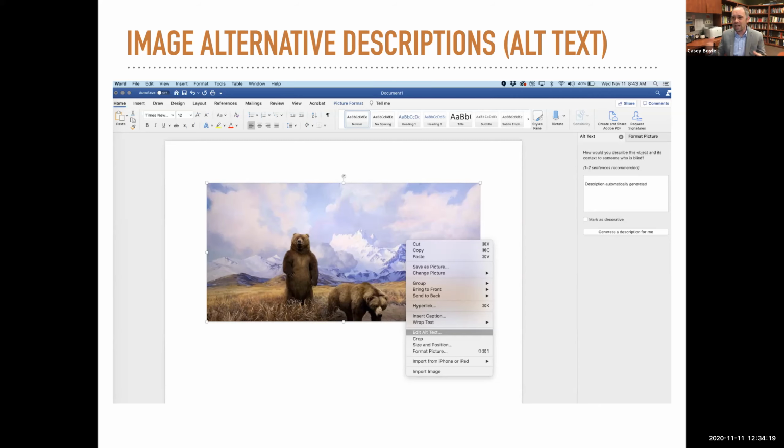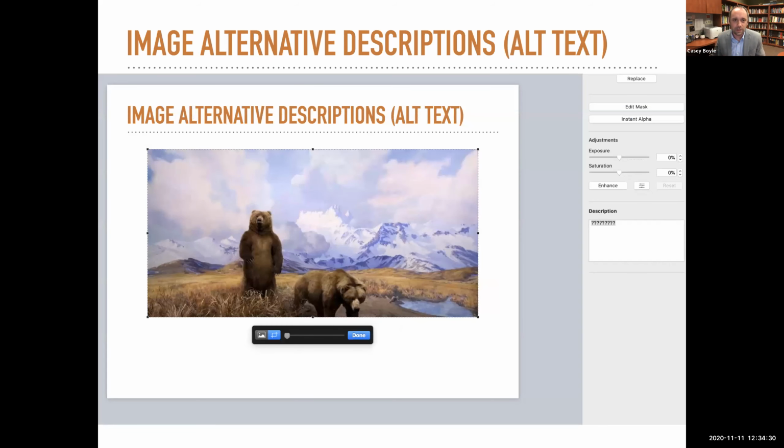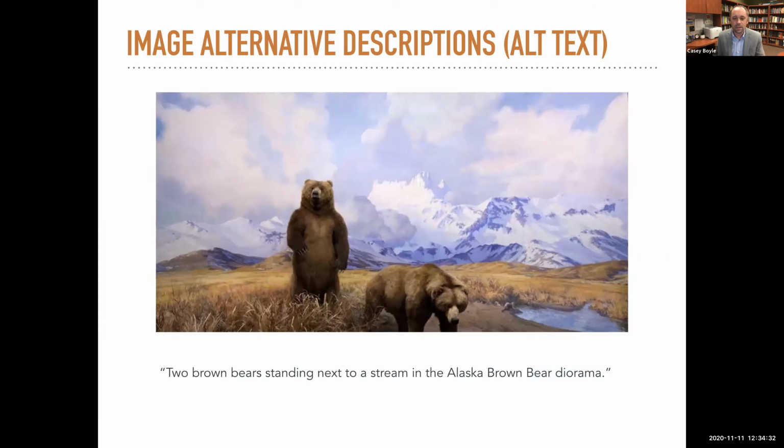So there's a lot of interesting ways we can go about writing the alt text. Here's the one that is used on the site itself. Two brown bears standing next to a stream in the Alaska brown bear diorama.